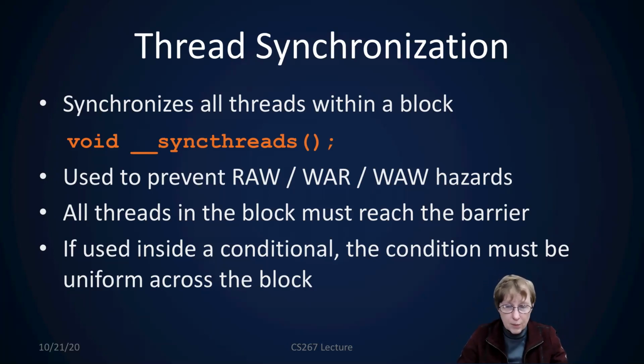But nevertheless, sometimes you have to write something with a conditional in it. If you do that, you need to make sure that if the barrier is nested inside of a conditional, all of the threads are going to execute that sync at some point, because otherwise they'll hang. The threads that do execute it will hang waiting for the ones that don't.